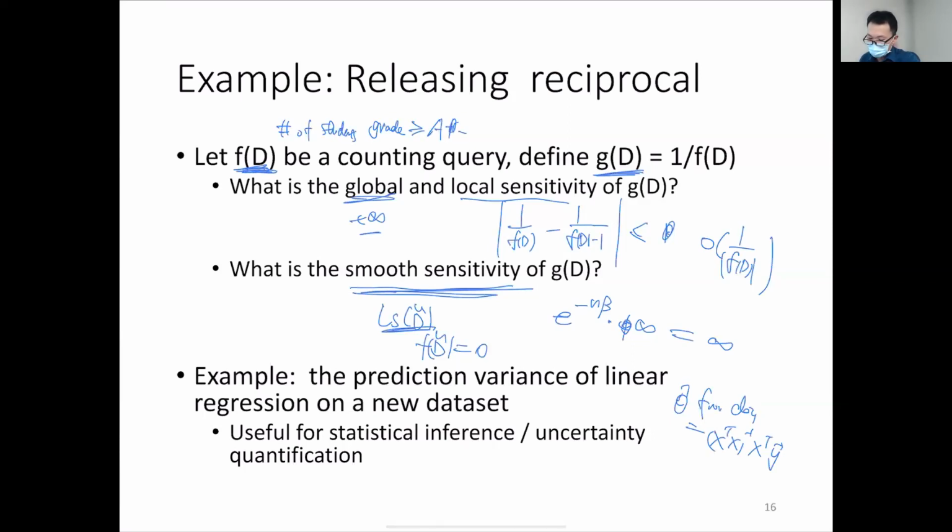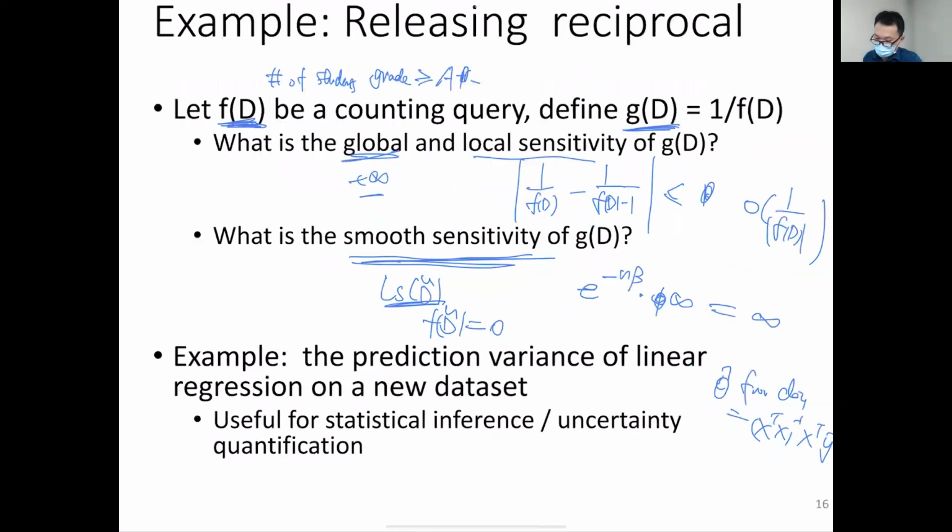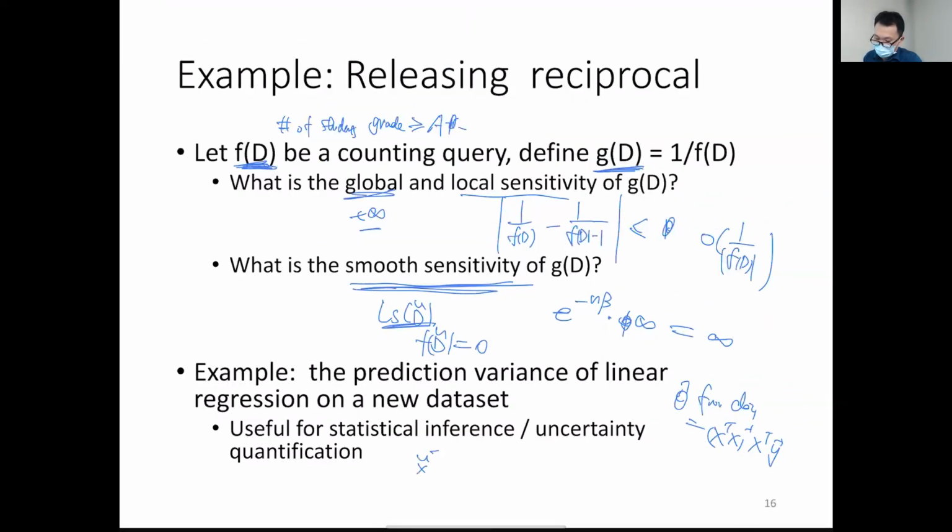Now we want to do uncertainty quantification. Let's say that there's a new x tilde, and I'd like to know how close x tilde transpose theta hat is to x tilde transpose x star, where x star is the true coefficients that actually generate the data.